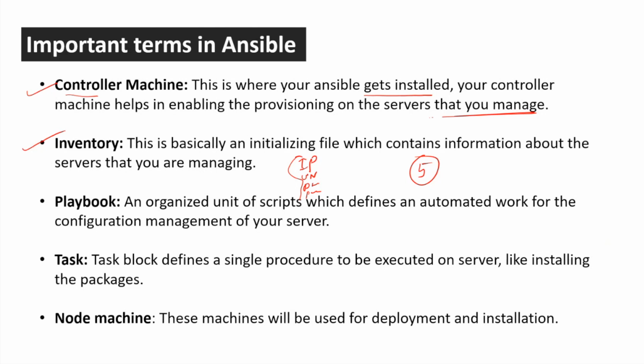Similarly, we have playbooks. We got the inventory, we got the playbook. What is this playbook? A playbook is an organized unit of scripts which defines an automated work for the configuration management of your server. That means we are going to write the script in this playbook.